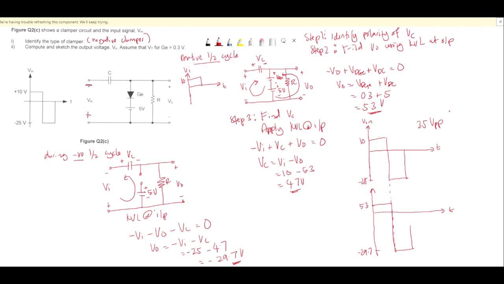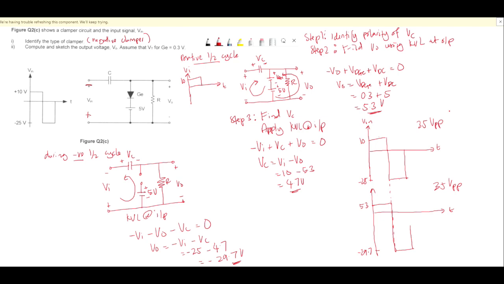Here it's the same, around 35. So we get the same peak to peak value. The shape does not change, only the position changes.